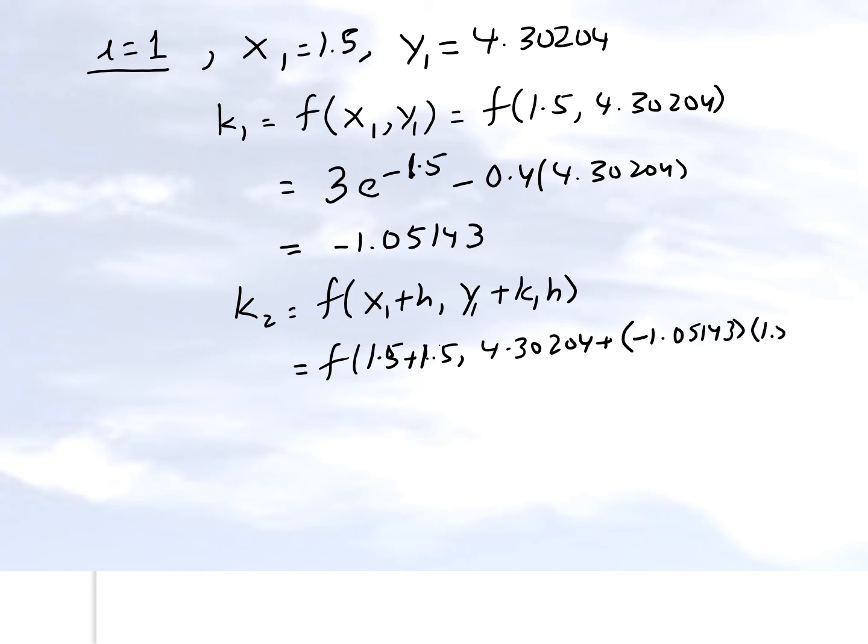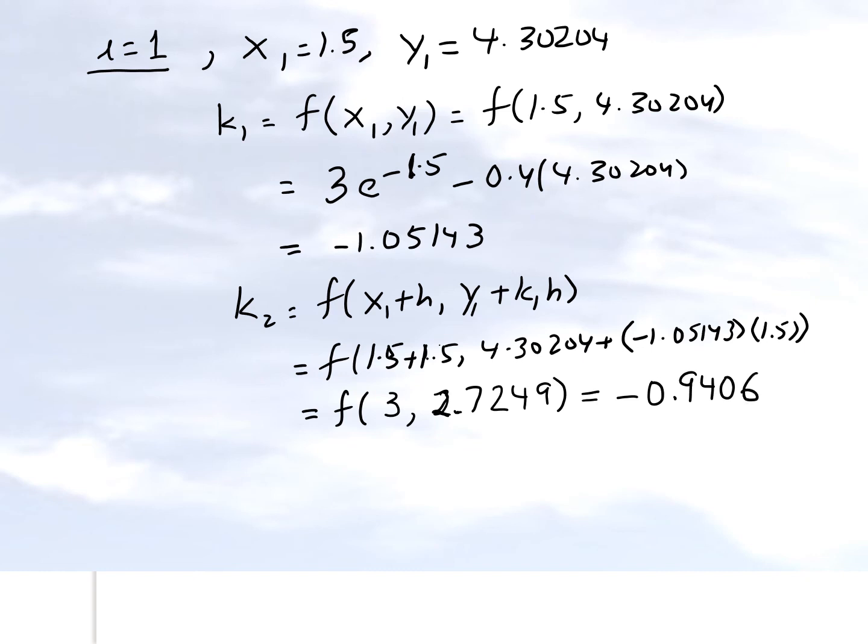And we already know the value of h. And if we do that, the arguments for k2 for f turn out to be 3, because that's where we want to go. And the approximate value of y needed to find the value of k2 is 2.7249. And this value here turns out to be minus 0.9406.